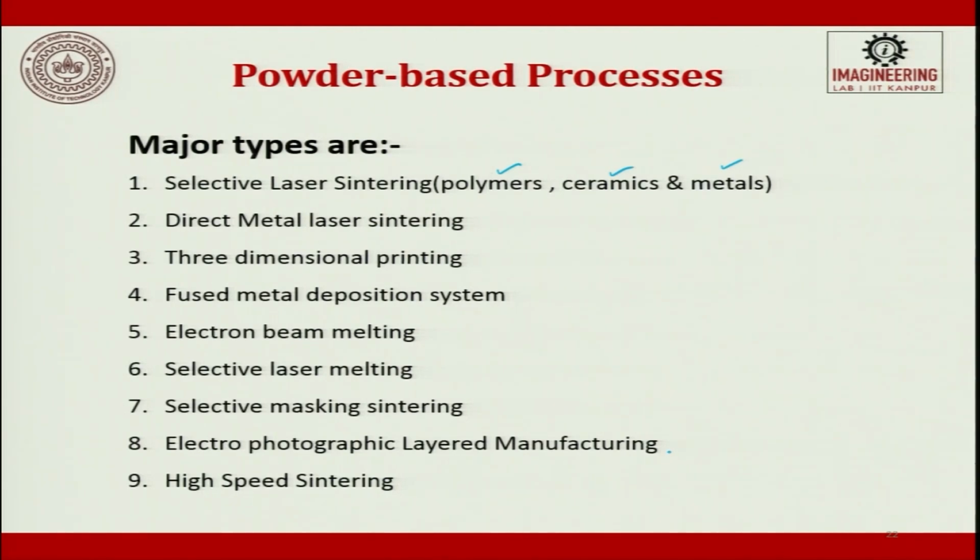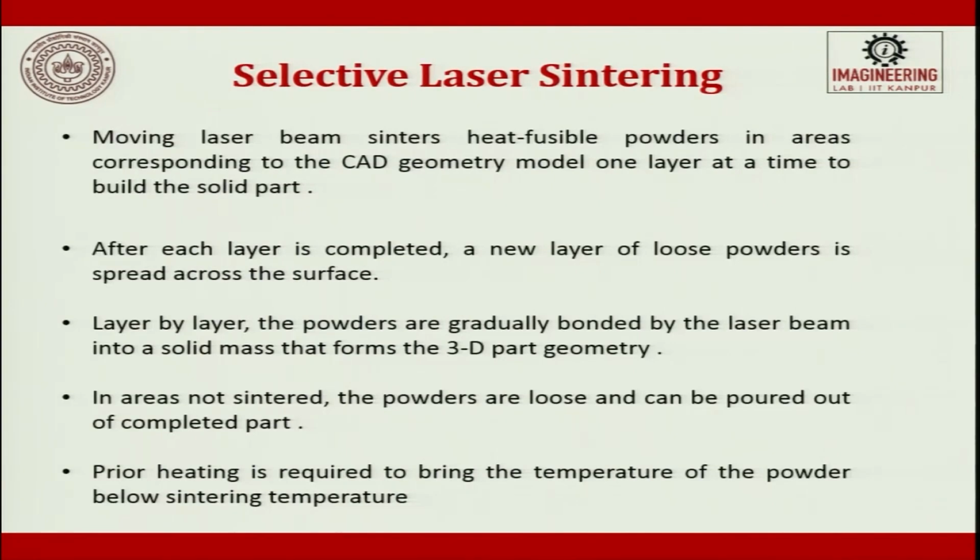Fifth is electron beam melting. Sixth is selective laser melting. Seventh is selective masking sintering. Eighth is electrophotographic layered manufacturing. Ninth is high speed sintering. These are all the techniques which come under powder based processing under rapid manufacturing.